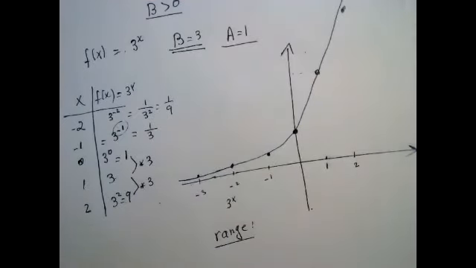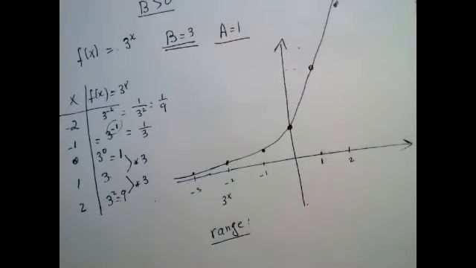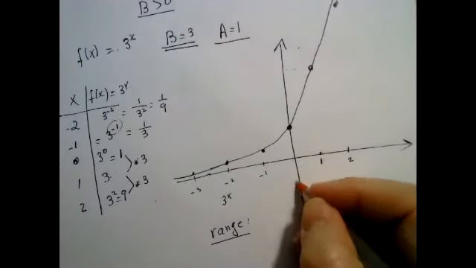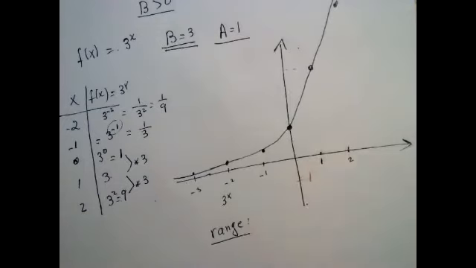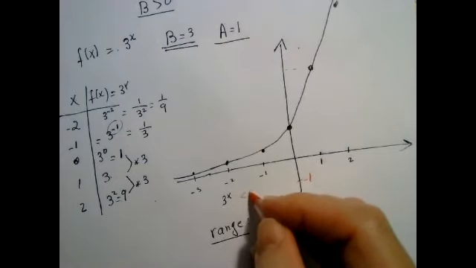Do you agree with Jessica? Yes? All right. If you tell me all real numbers, it means -1 is an output value. So now my question is, can -1 be an output value? Yes or no? It means, can 3 to the x be negative?